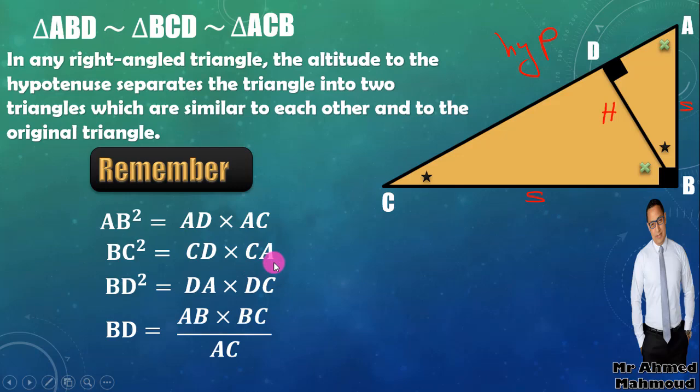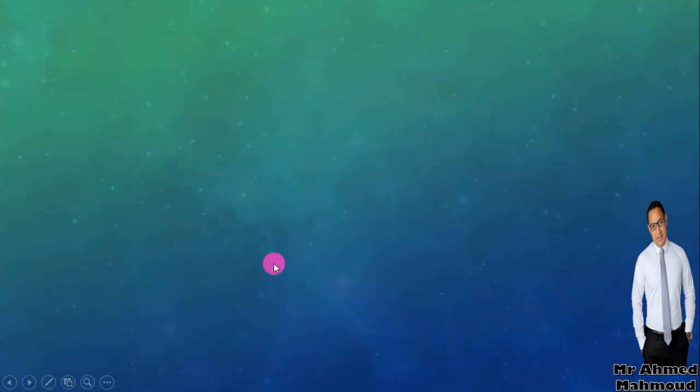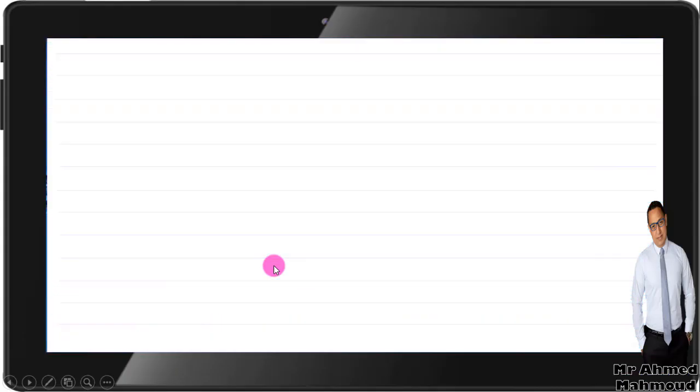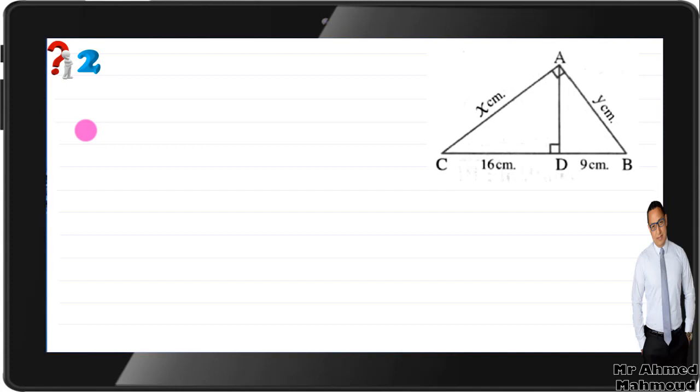Let's solve an example about this one. This is number 2, the rest of the previous example. Here the required is to find x and y. This is the right angle triangle at A, and AD is the height or the altitude.